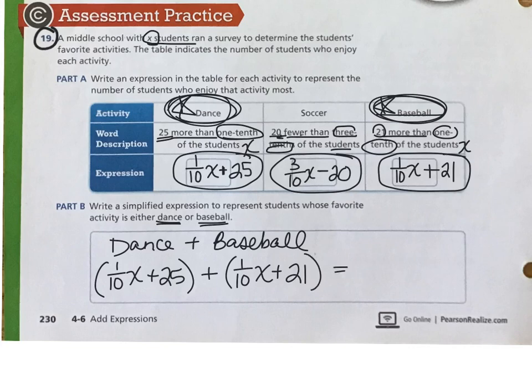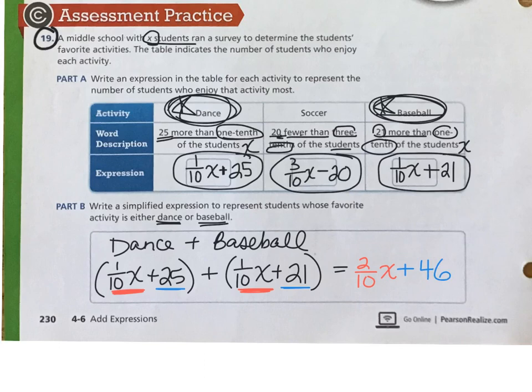So now let's take and group together our like terms. So we can group together our 1/10 x and 1/10 x, and we get 2/10 x. Then we have our constant terms 25 and 21, which makes a total of 46.